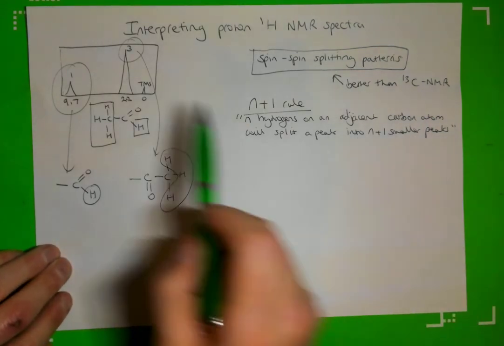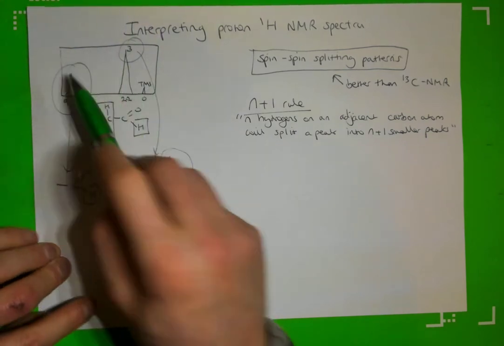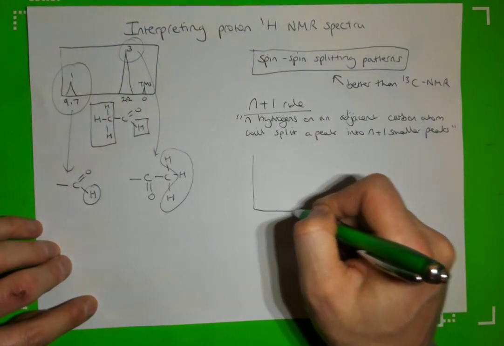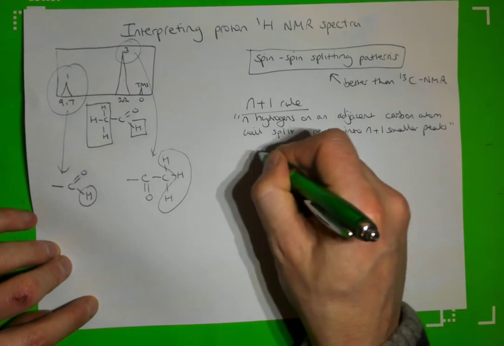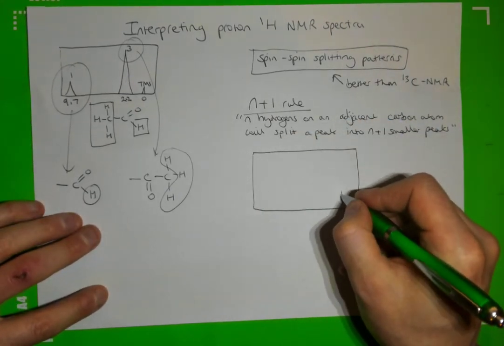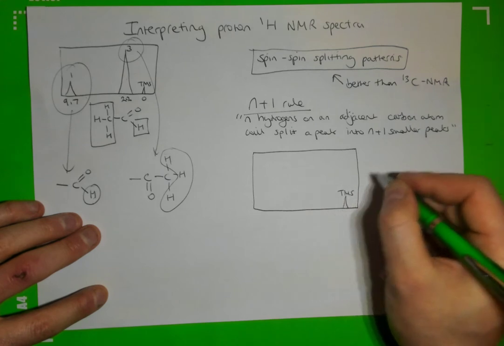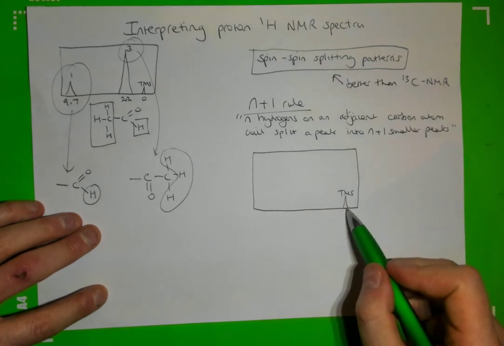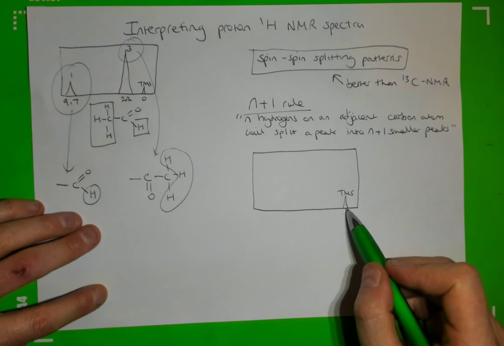Okay, well, let's use this spectra here as an example. So I'm going to redraw it again below. Now the TMS peak won't be split because that's on a separate molecule.